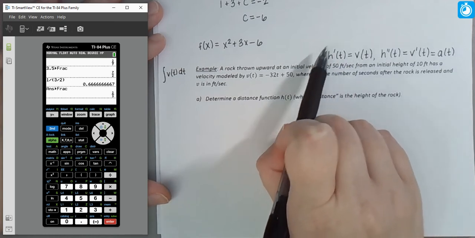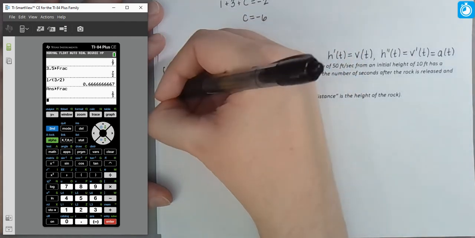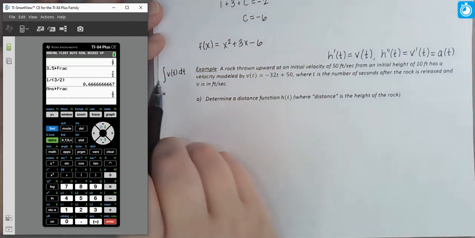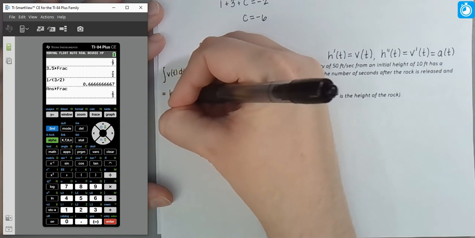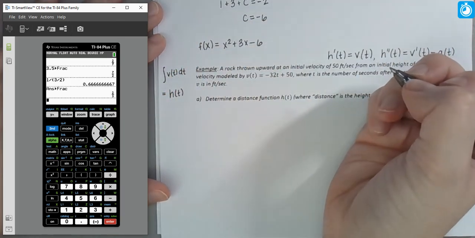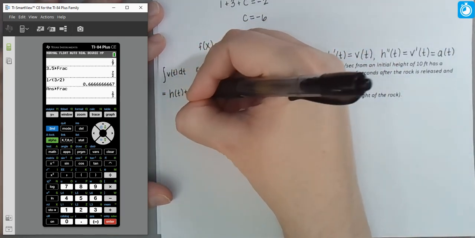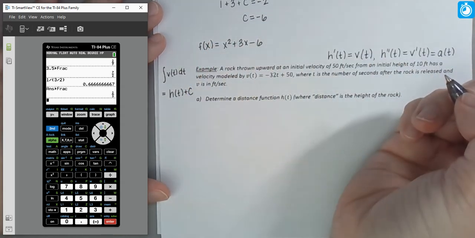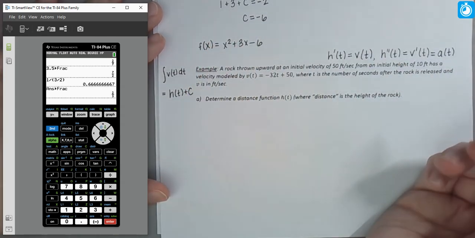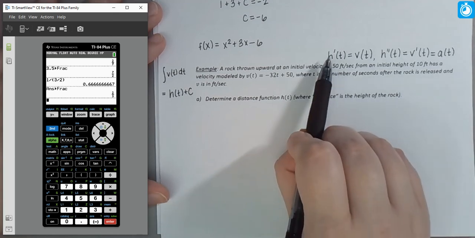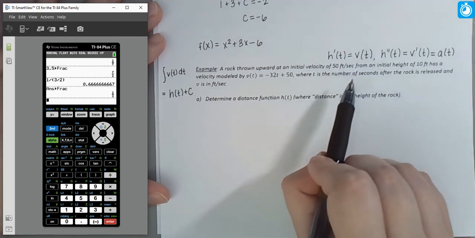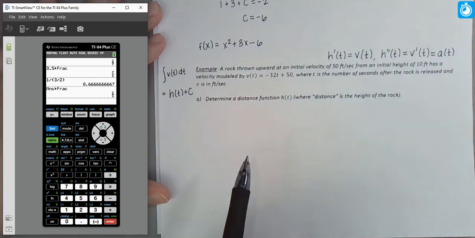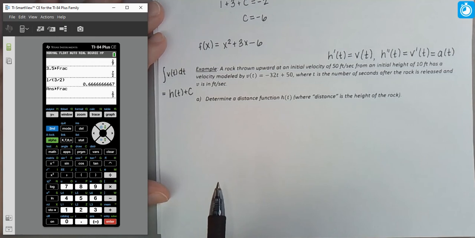Well, if it's defined as the derivative of our position function, then if we anti-differentiate it, we get our position function h of t. And we know, of course, we've got that constant there as well. So that's the relationship we're using here based on the fact that velocity is the derivative of position. Position would be the antiderivative of the velocity function, reversing that procedure.